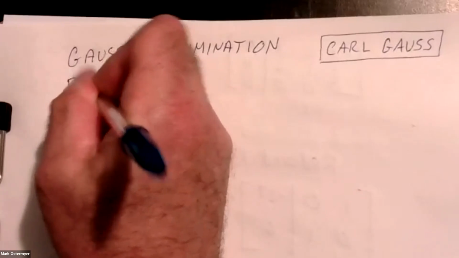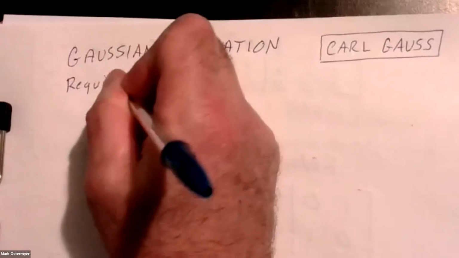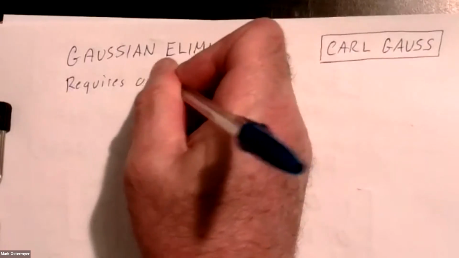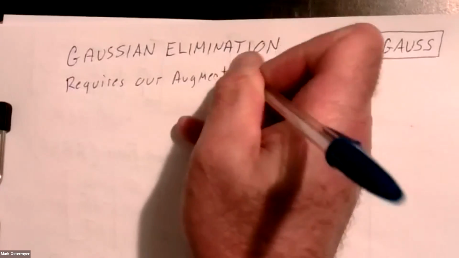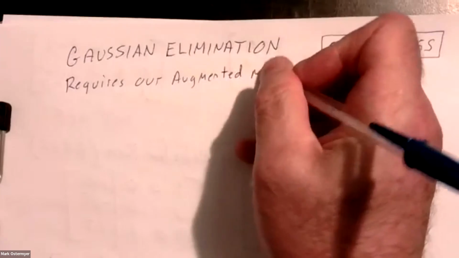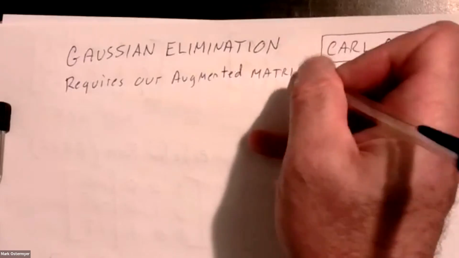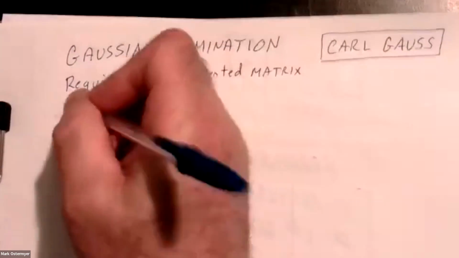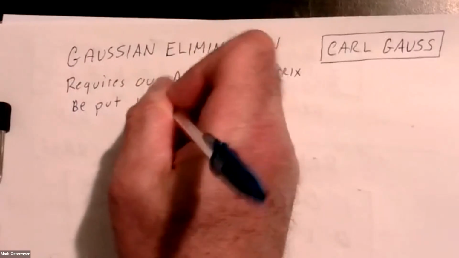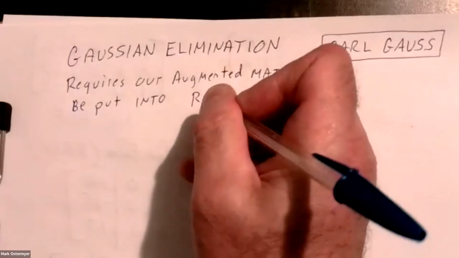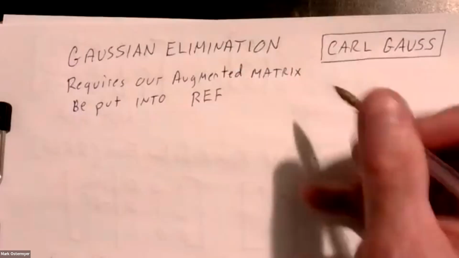Okay, Gaussian elimination requires our augmented matrix, which represents our system of equations, to be put into row echelon form.